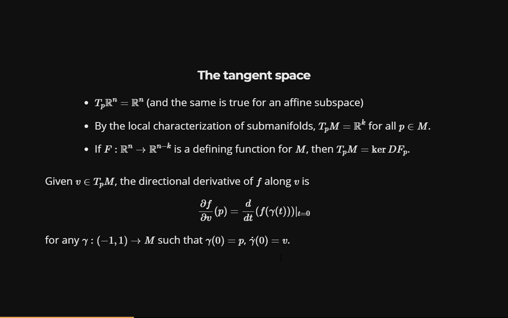So if you have a tangent vector, you take any curve that gives you that vector as a velocity, you look at your function along that curve and take the derivative. If you apply it with gamma in Rn, the constant speed parameterization of a straight line, you have the directional derivative in Rn.